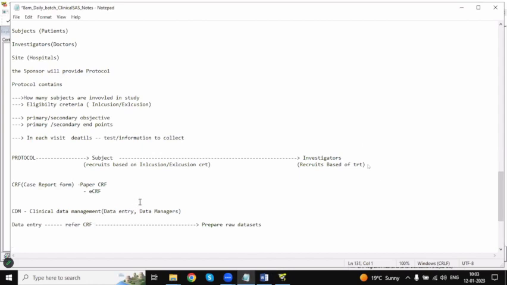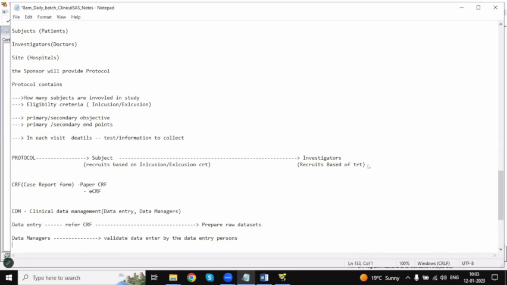Next, what do the data managers do? They validate the data entered by the data entry persons. This step is very, very important. Why?